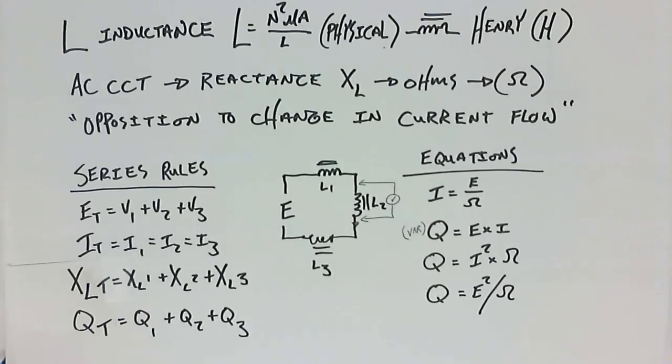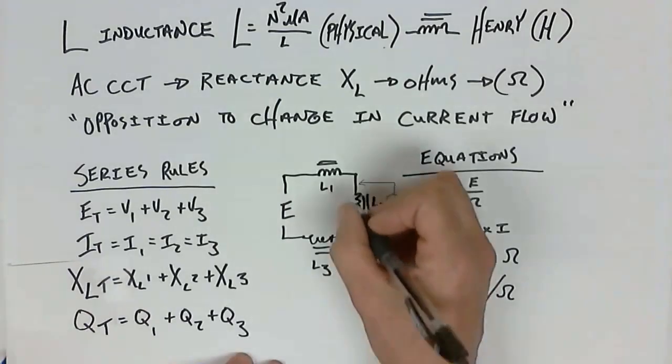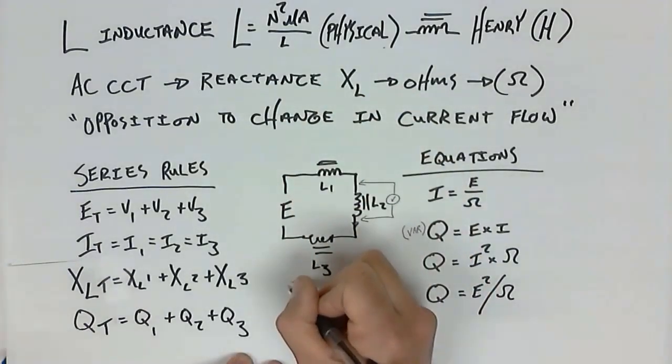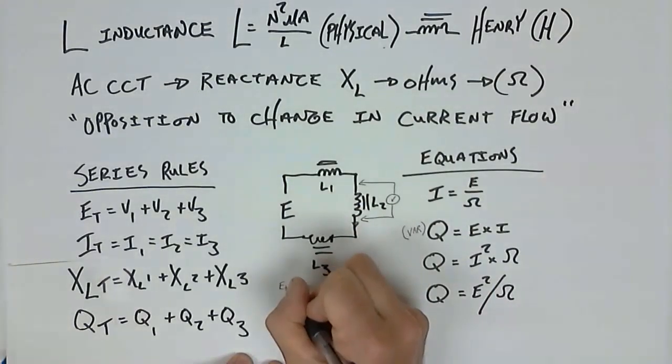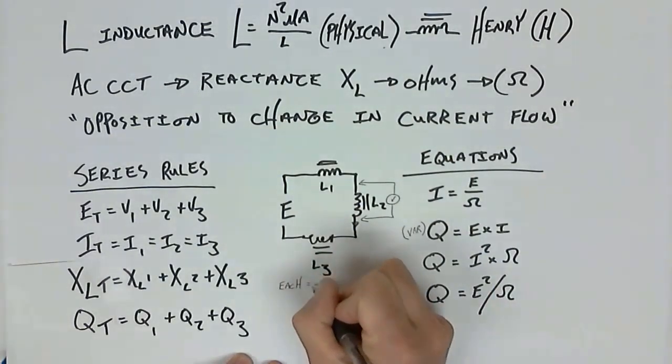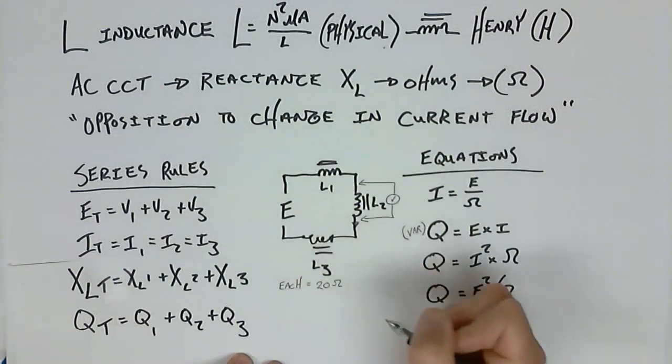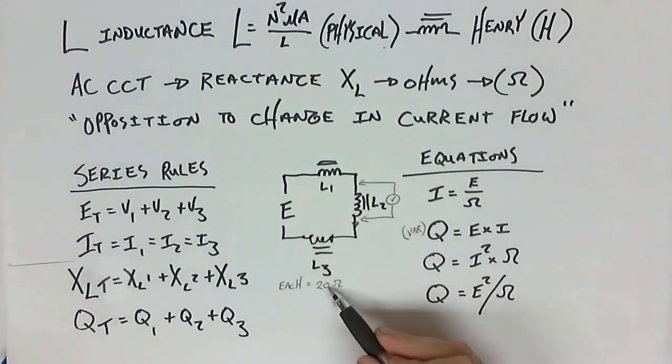So if, again, each one of these inductors had an inductive reactance of, let's say, 20 ohms. Let's say each one was 20 ohms of inductive reactance.